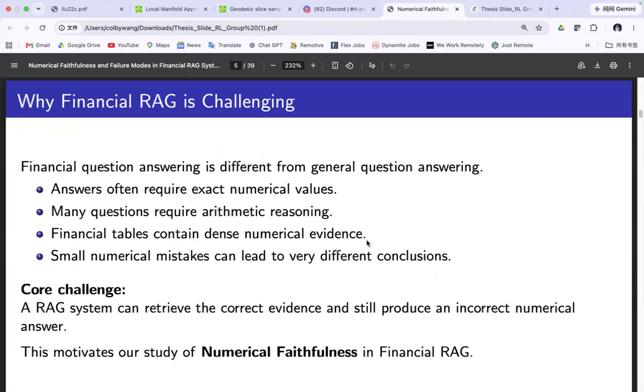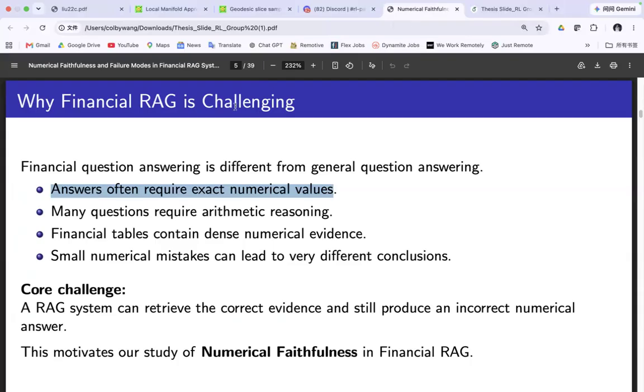So why is financial RAG very challenging? The first problem is that answers often require very exact numerical values, as we demonstrated in the previous slides. Many questions require arithmetic reasoning. Financial tables are also very difficult to process because you have so many rows and columns, and it's very hard to convert them into natural language.